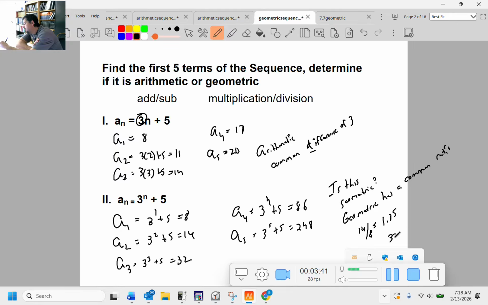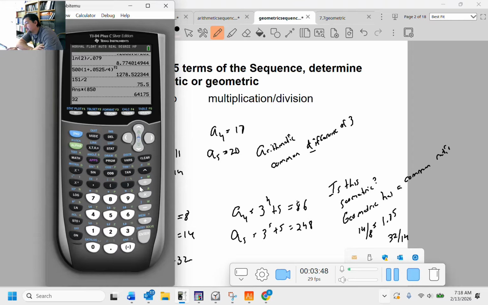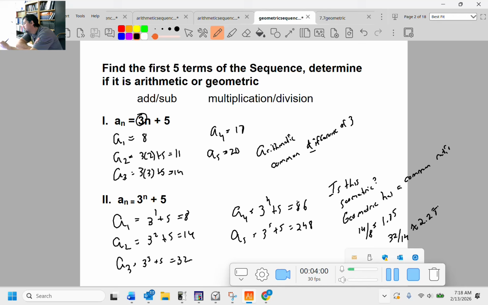I'm going to take 32 and divide it by 14. And it's not the same. It's a fraction, but it's not the same. It's about 2.29. So there is no common ratio. So this is definitely not geometric.